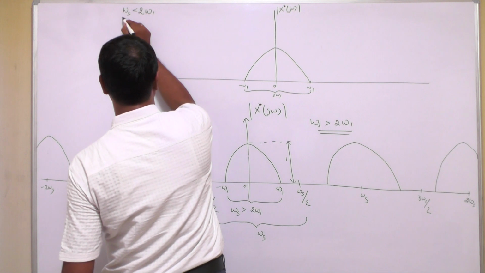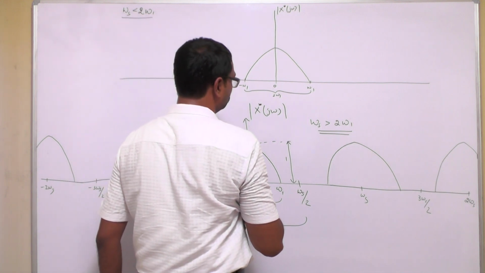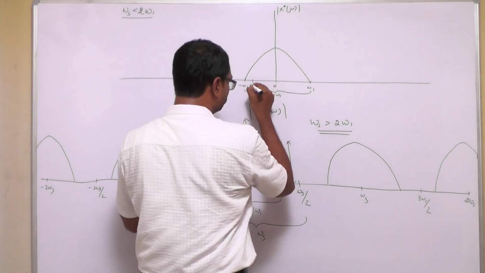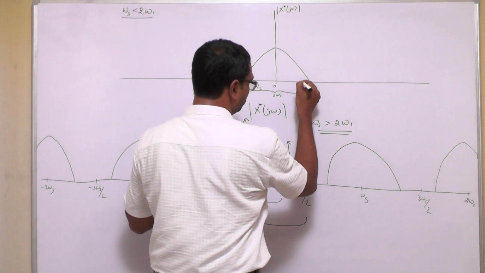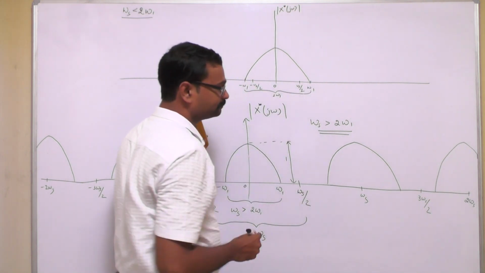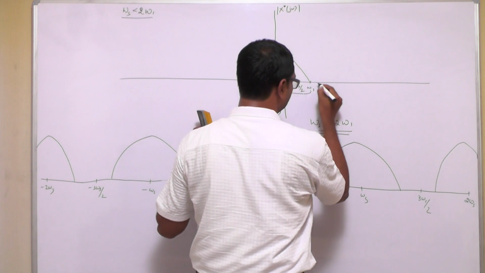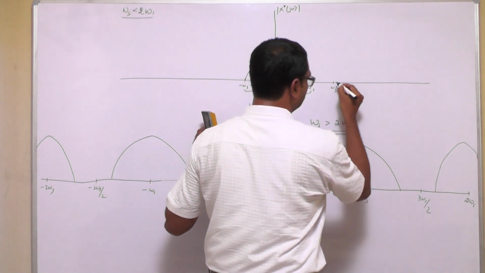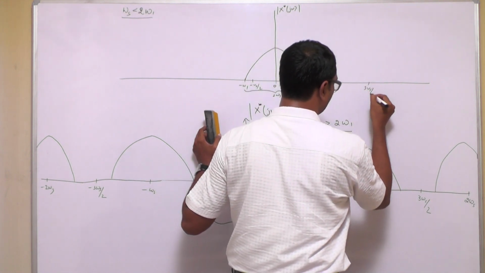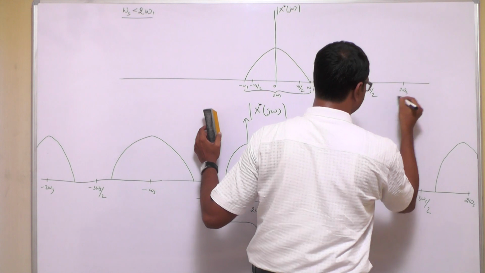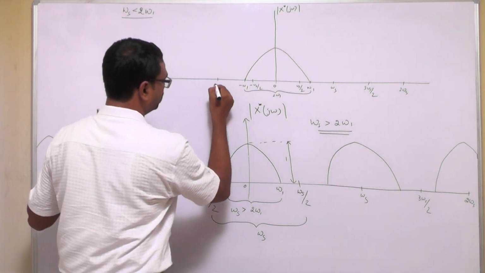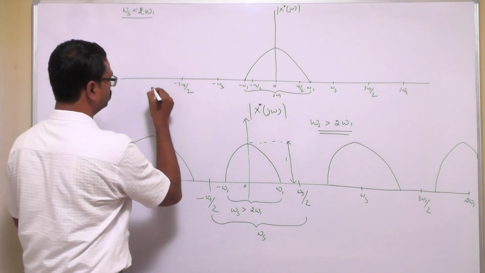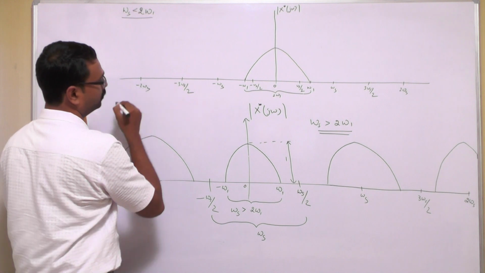Now what is the condition? ωs is less than 2ω1. That is, 2ω1 is this, and ωs must be less than that. Therefore minus ωs/2 and plus ωs/2 are here, and with the same distance I can consider ωs here, 3ωs/2, 2ωs, minus ωs, minus 3ωs/2, minus 2ωs.